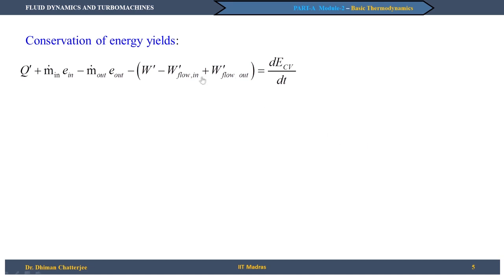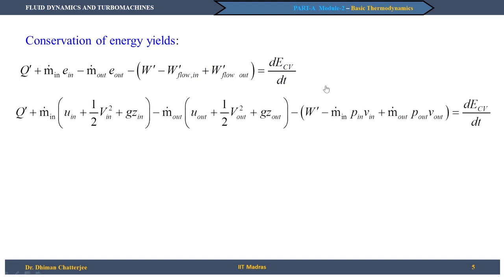So, if we put this in along with the expressions for flow work we have done so far and rearrange it, we get Q prime plus m dot in (U in plus half V in square plus Gz in) minus m dot out (U out plus half V out square plus Gz out) minus W prime minus m dot in P in V in, that is the flow work for the inflow, plus m dot out P out V out is equal to the net change in the energy in the control volume, dECV dt.